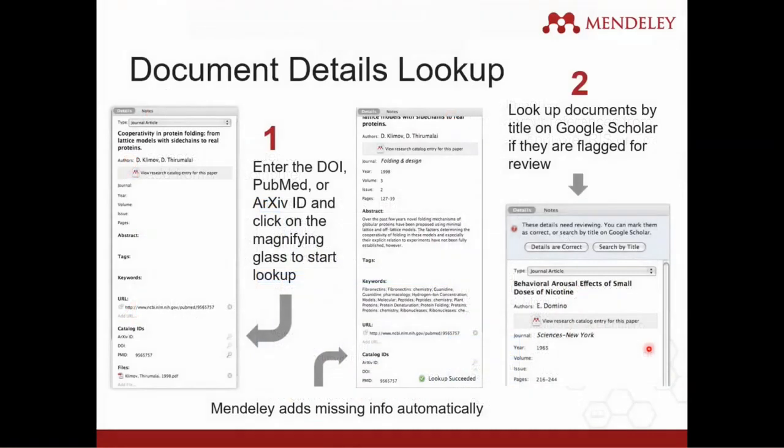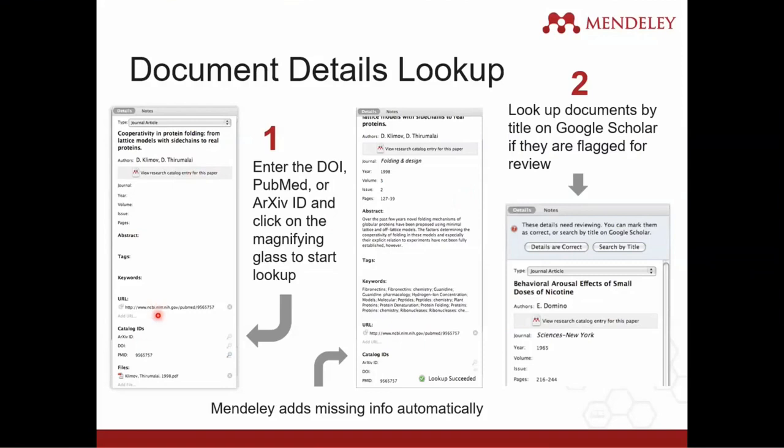Adding a document to Mendeley and ensuring the document information is correct is very important because it will affect you when you're preparing a reference list. When you add a document to your library, Mendeley will do its best to import all the relevant data from the article you added.